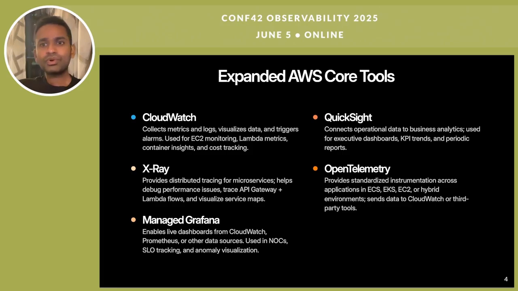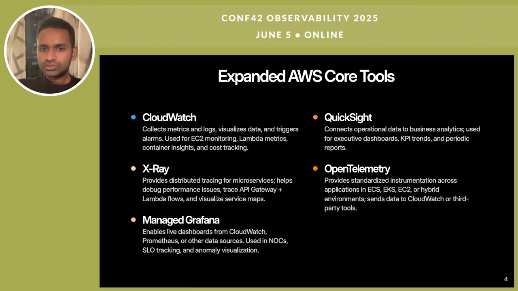CloudWatch is a foundational observability tool provided by AWS. It allows us to gather all these logs and metrics and define dashboards. We also have the ability to configure custom alarms, proactive alerts, and automated remediation. It's versatile and integrates seamlessly across various AWS services, making it ideal for monitoring and basic troubleshooting.